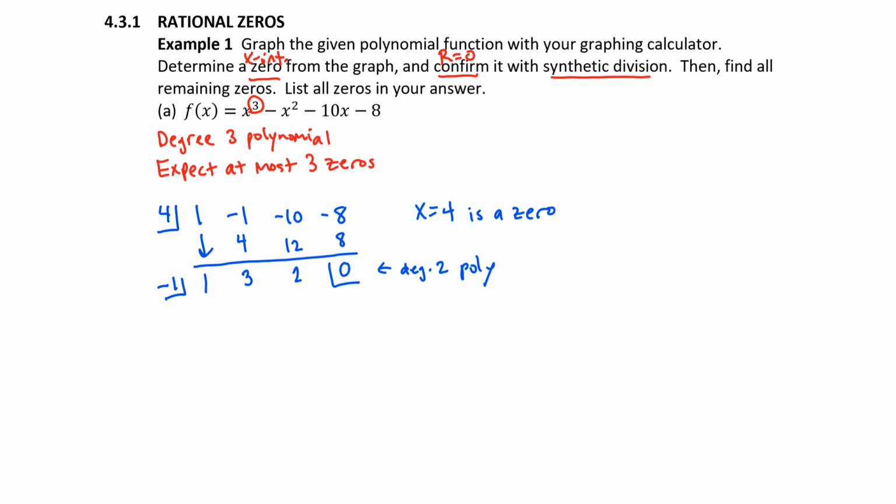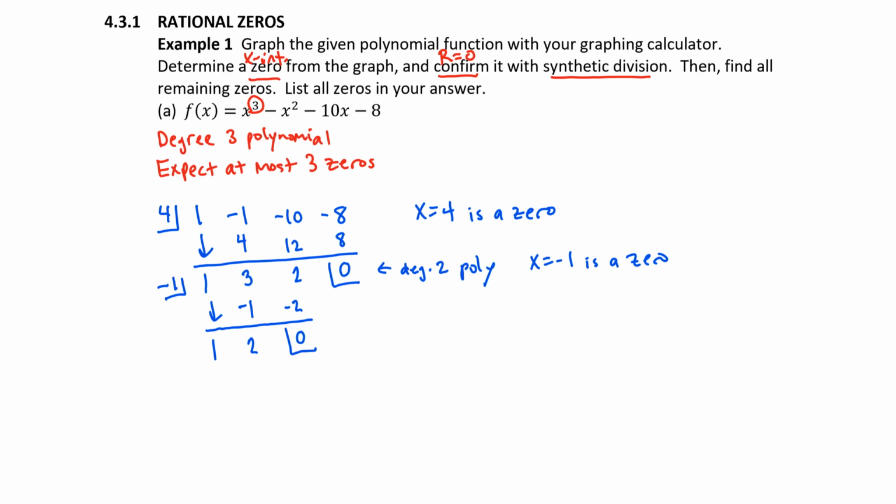So I'm going to continue my synthetic division process using this degree 2 polynomial, stopping short of the remainder. The process is the same. Bring down your first term, multiply and add, multiply and add. Since we ended up with a remainder of 0, we can make the observation x equals negative 1 is also a 0.